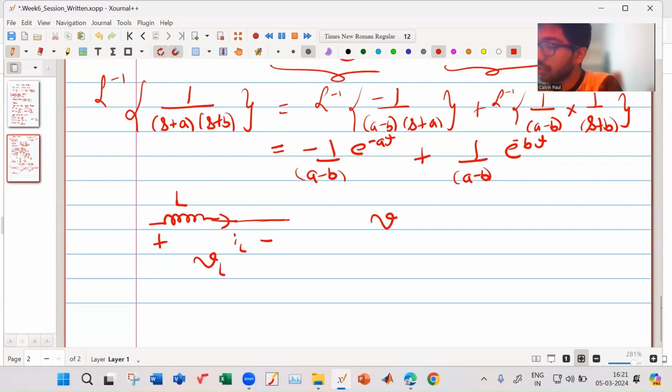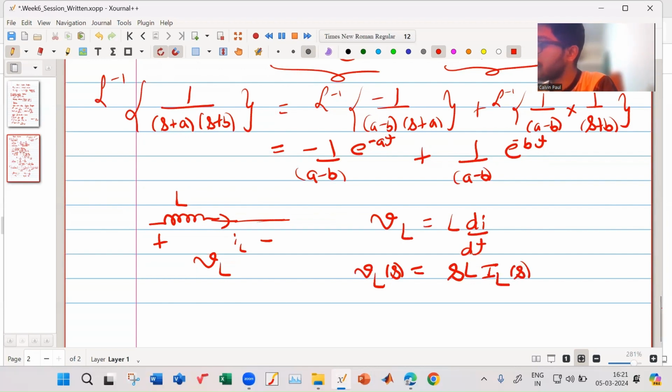This is my voltage across my inductor. We know VL is equal to L into di by dt, right? So if we convert it into the Laplace domain, we get VL of S is equal to S into L into IL of S. Is this clear?